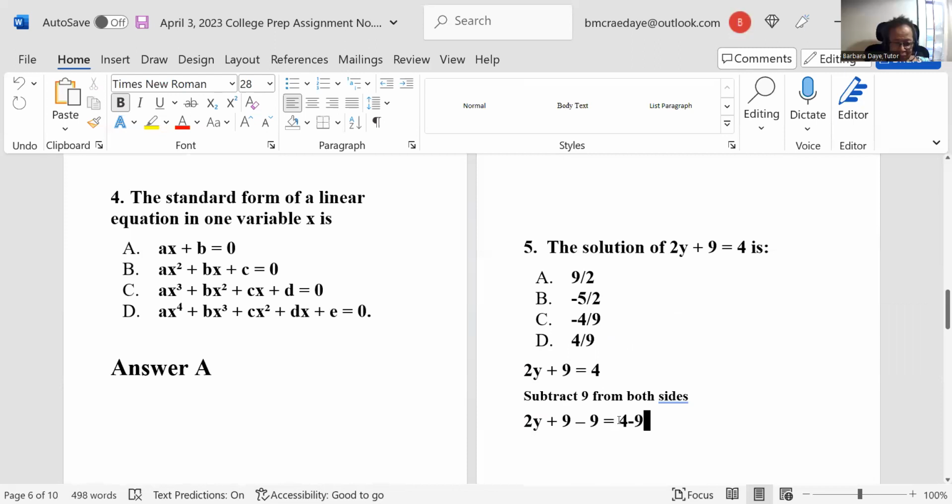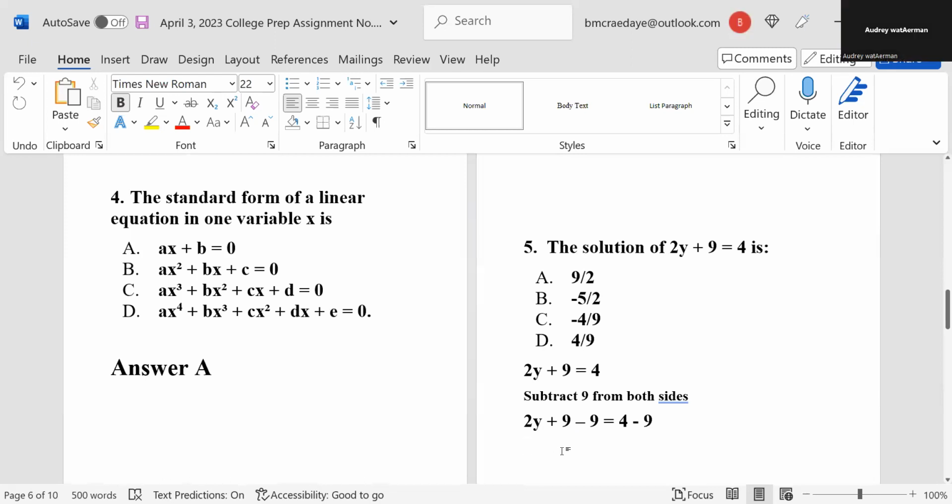Let me put space here so you know that's a subtraction. Okay, Maureen, 2y plus 9 minus 9. What is that equal to? What do I have here on the left side after we do that operation?